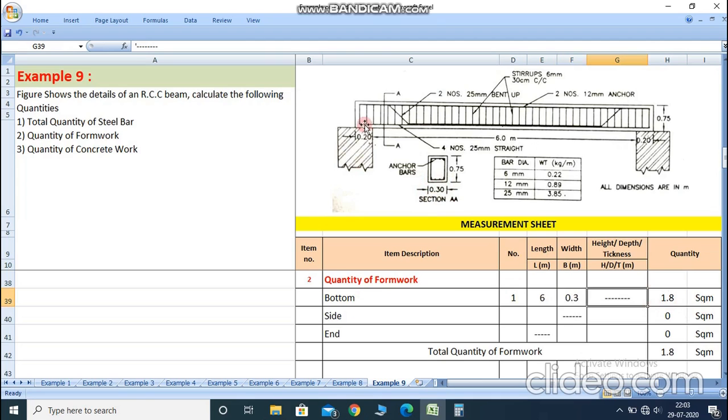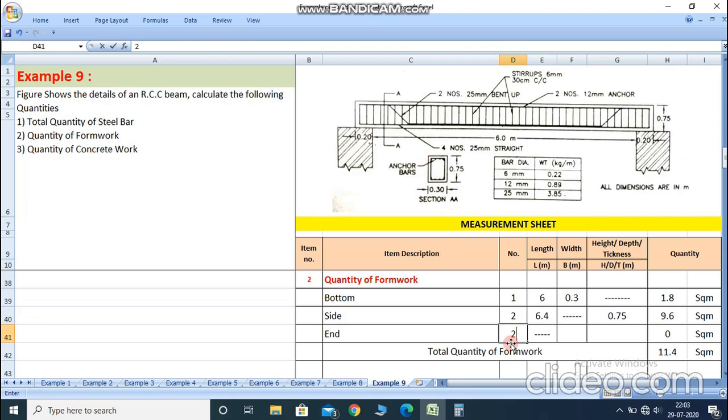At the side part, this side and back side, so both sides, two numbers of formwork are required. The length is 6 plus 0.2 plus 0.2, so here 6.4, and the height of the formwork for the side is 0.75, so right here 0.75. And the end part: at the left side and the right side, both sides formwork is required.